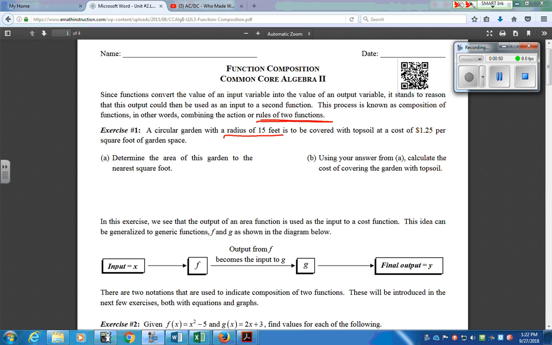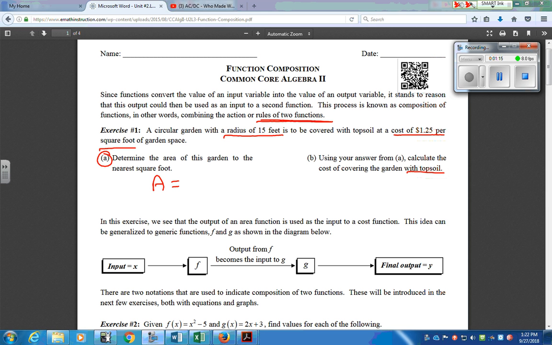And the topsoil cost is $1.25 per square foot. So the idea here is that we're going to have to do two parts of this. We're going to have to first determine the area. And then after we do that, we've got to figure out the cost of covering the garden with the topsoil.